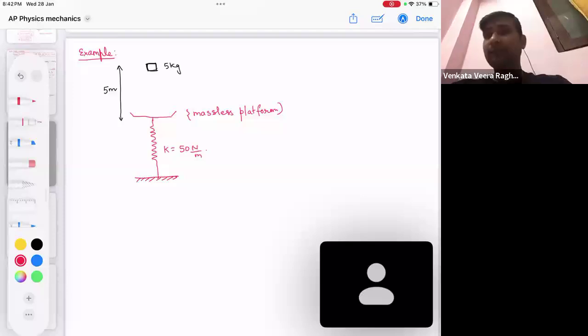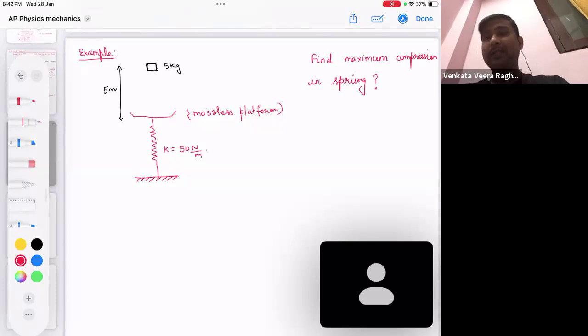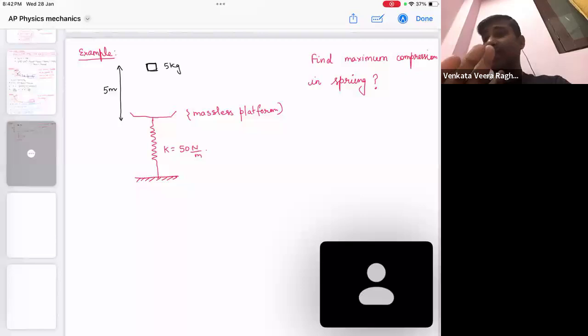So again, the question asks: find the maximum compression in the spring. Please tell me how much that is coming. Just take 2 minutes to apply. Again, the moment they ask you about maximum compression, the body is about to come to rest. Please keep that in mind about maximum compression or elongation.